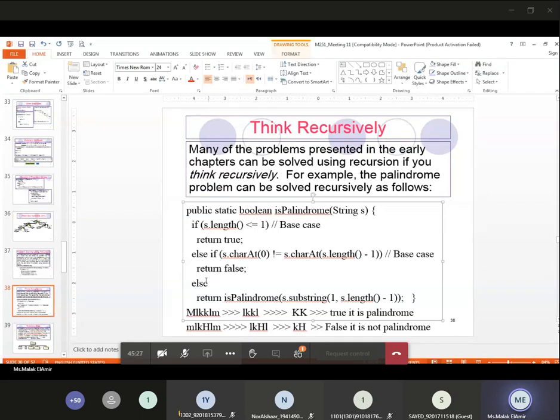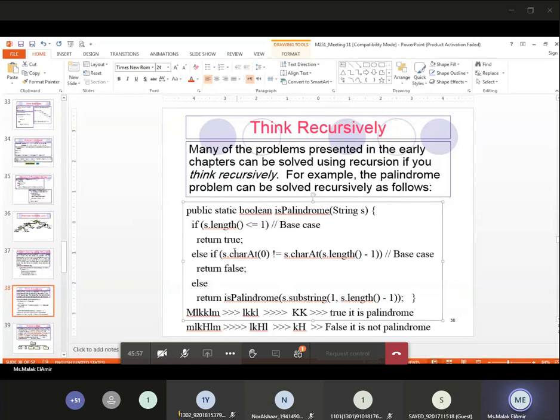Else, how many base cases do I have? 2. If the length is less than or equal to 1, I'm going to stop. And if the first character is not matching the last character. Else, return palindrome of a substring. I'm going to take a part of the string as follows: starting from 1 and stopping before length minus 1. Okay?